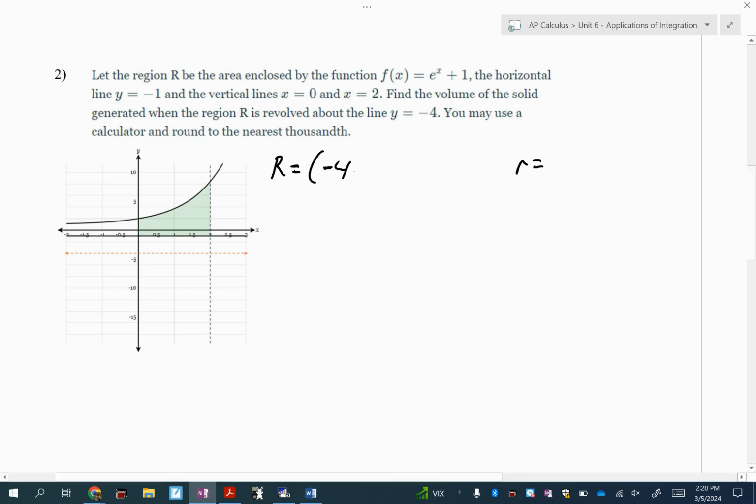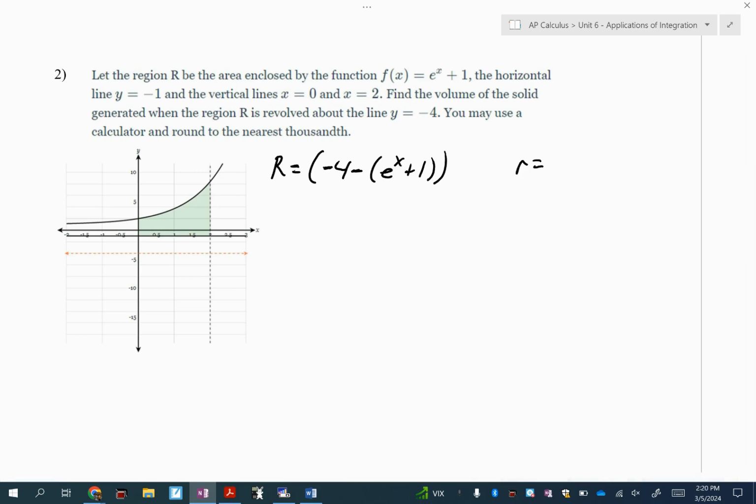Remember, the capital R is for the function that is farthest away from the axis of revolution. So which of these functions is farthest away from the axis of revolution? e to the power of x plus 1. So I'm going to subtract that whole function. Notice my parentheses there to make sure that I subtract both pieces.